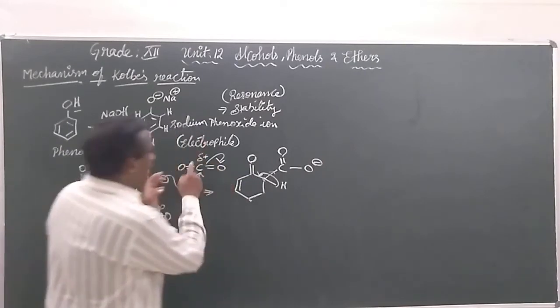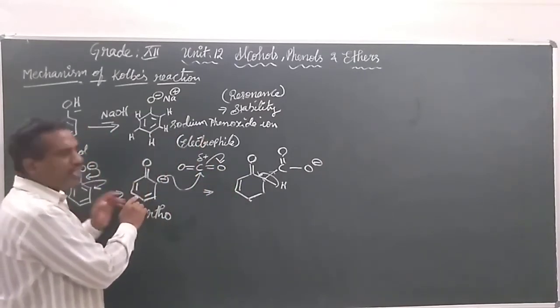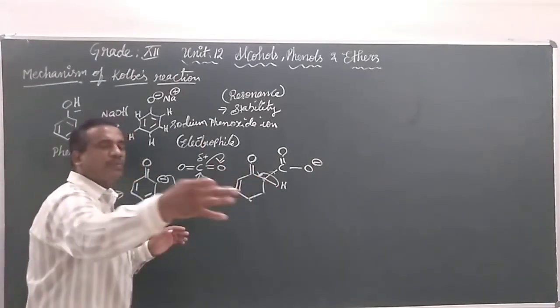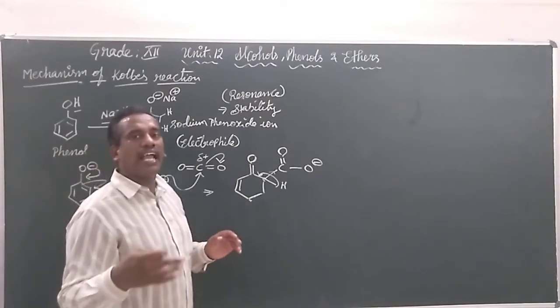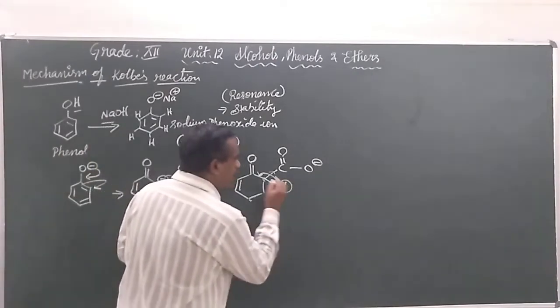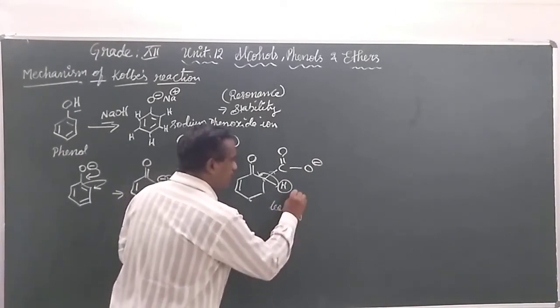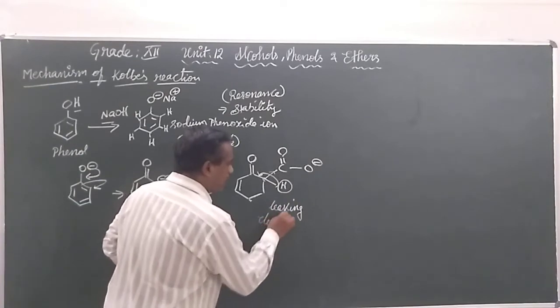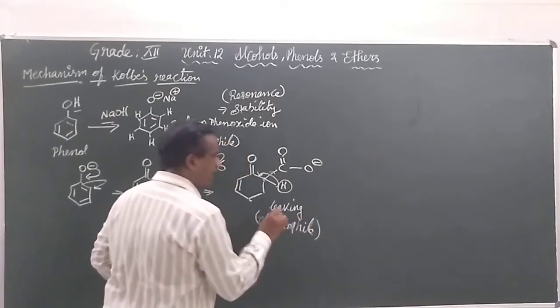Remember, an electrophile was introduced into the reactant and another electrophile must be removed, because the phenol is involved in electrophilic aromatic substitution reactions. So H plus is going to be the leaving electrophile.